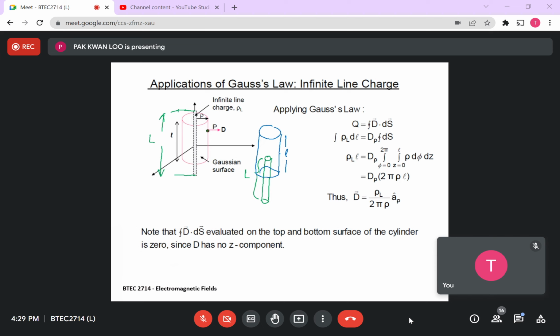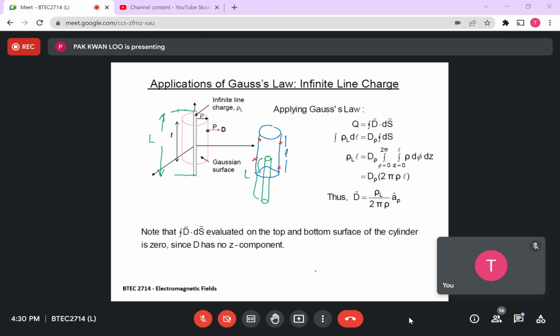Of course, this is not symmetry anymore. The symmetry properties are not obeyed, simply because if you observe at this point, or this point, or this point, it's all different, right? So it doesn't obey.